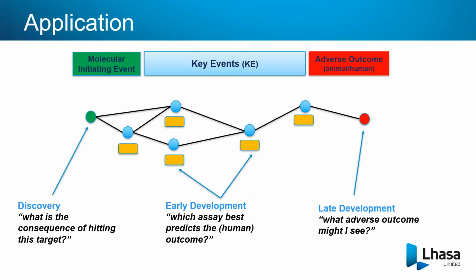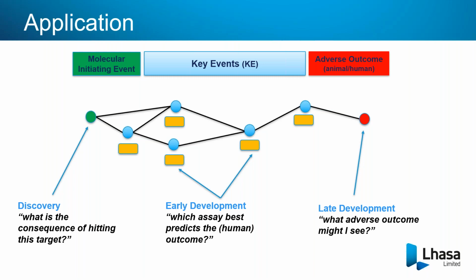So we have all this in place now, but how can we use it? We think this has the potential to be applied to a number of scenarios cross-industry, with the application of this framework depending on the use case in question. For example, if you're in a discovery phase, you might have very limited evidence, but you want to assess the activity of your compounds against a target.